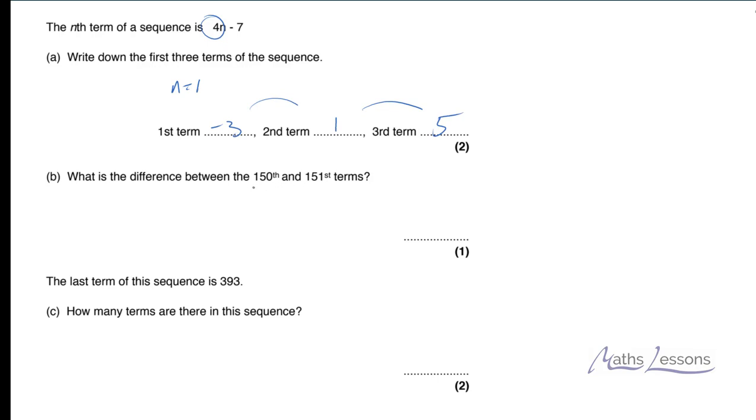And I've just given away the answer to what's the difference between the 150th and the 151st term. Because it says 4n, every time n goes up by 1, the term goes up by 4, because we're multiplying by 4. So therefore, the difference between these is 4. And alternatively, if you really wanted to, you could do 4 times 151 minus 7, take away 4 times 150 minus 7.